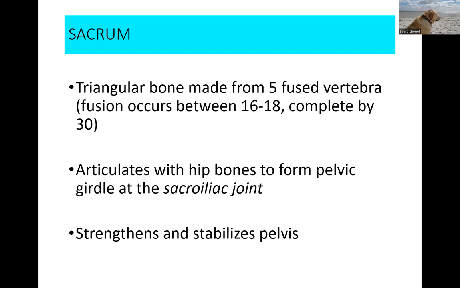Okay, the sacrum is a triangular shaped bone formed from 5 vertebrae that fuse together. They articulate with each side of your hip, called the os coxa, to form the sacroiliac joint, and it helps strengthen and stabilize the pelvis.